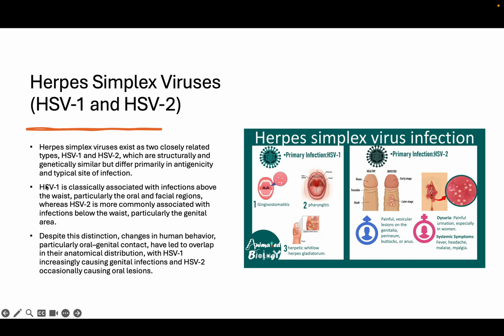What we see clearly is that HSV1 is mostly found in the oral and facial regions. It produces a lot of infections above the waist. HSV2 produces much more infection below the waist, specifically in the genital area. So if you see an infection by a herpes virus, usually if it's above the waist it's herpes simplex 1, and if it's below, herpes simplex 2.